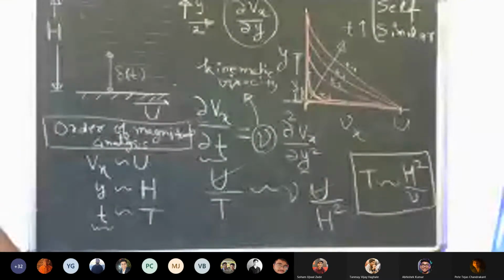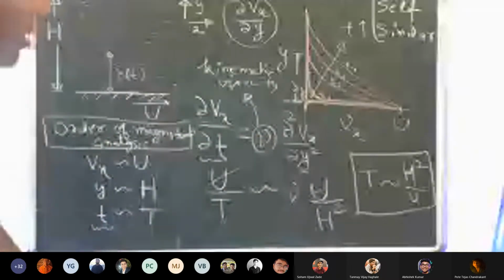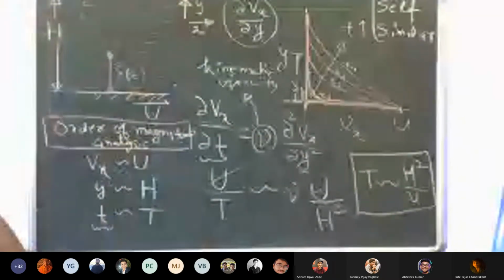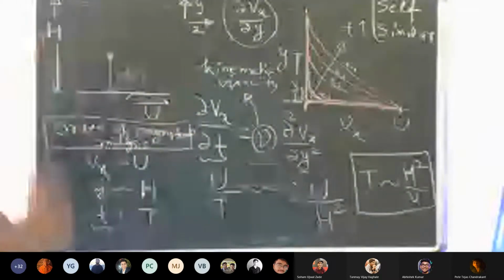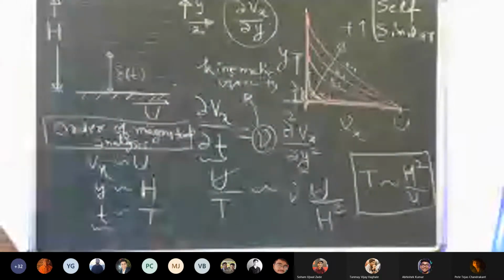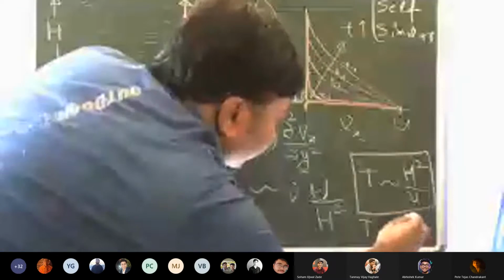Let's say you know h, say 5 meter, 1 meter, whatever it is, and you know nu is nothing but mu by rho. If I give you water or ethanol or honey, anything, you will know the viscosity and the density. Let's say you have calculated t, and t comes out to be 60 minutes.